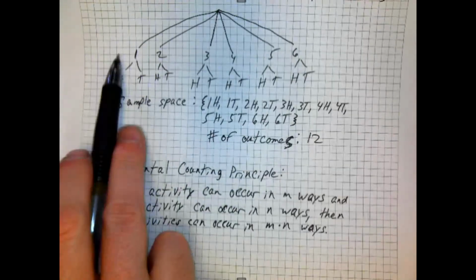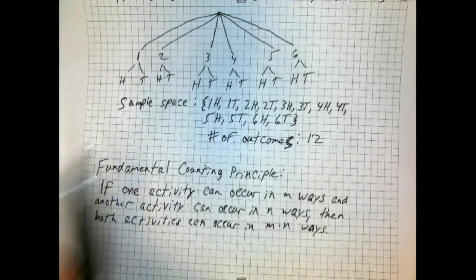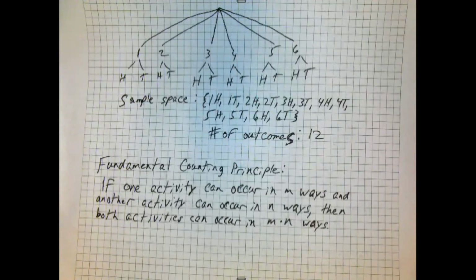So there are 6 possibilities for rolling a die. There are 2 possibilities for flipping a coin. 6 times 2 is 12.